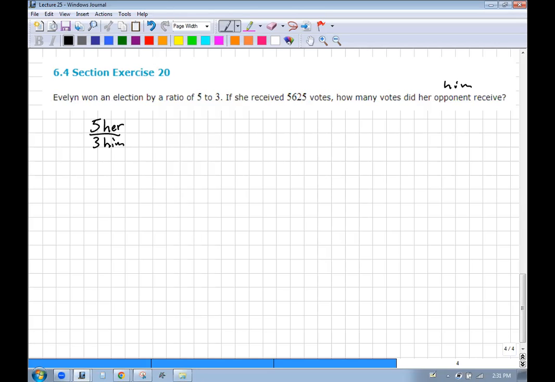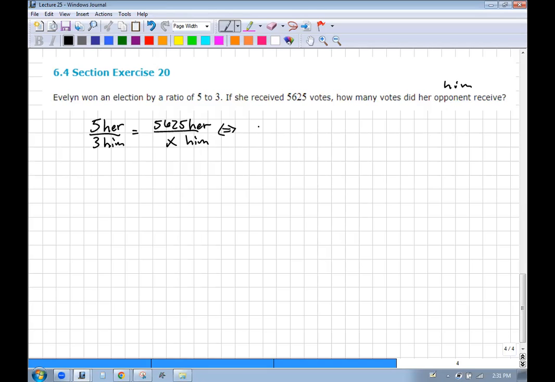All right. So she received this many votes. So this would be 5,625 for her. How many for him? Now, you'll understand the setup here. The ratio has to hold. So we want to know what X is here. If I'd have been smart, I'd have written this the other way around.